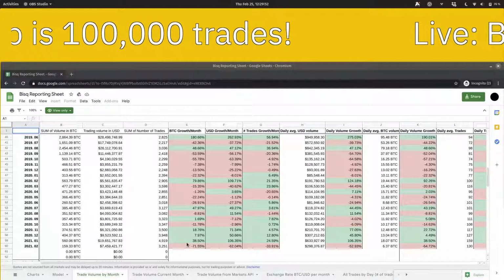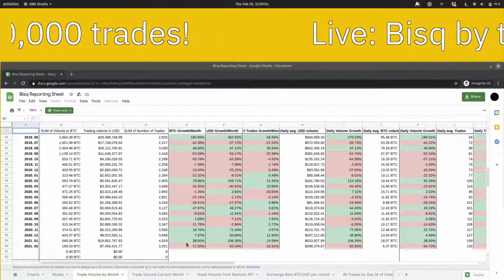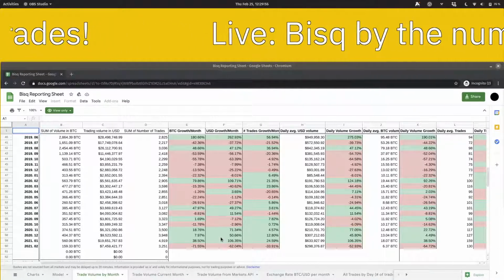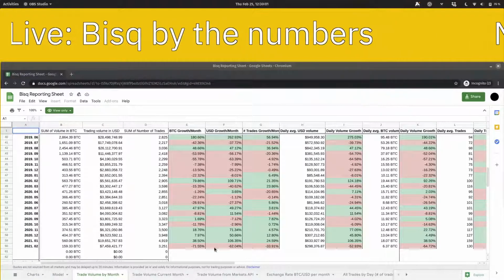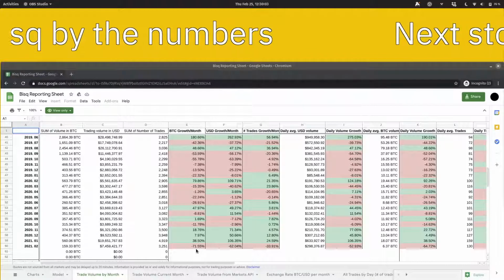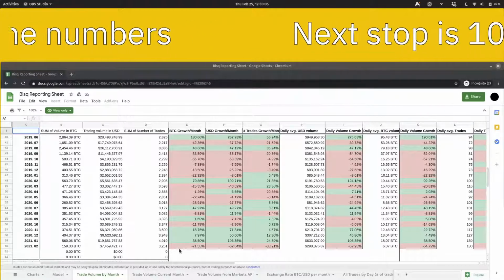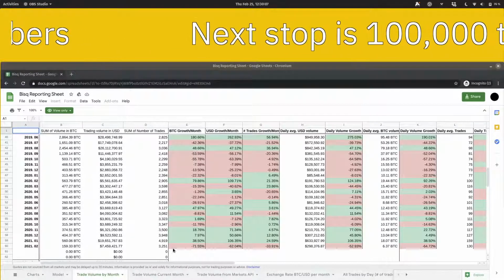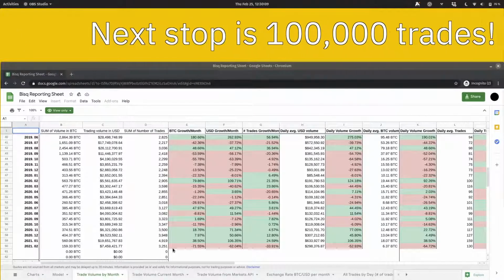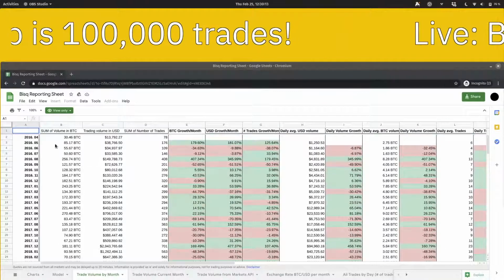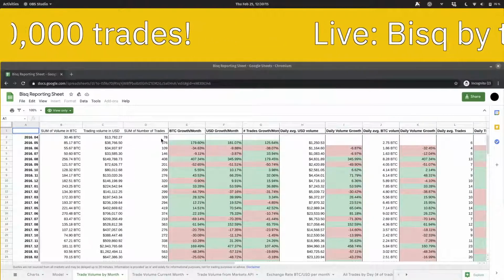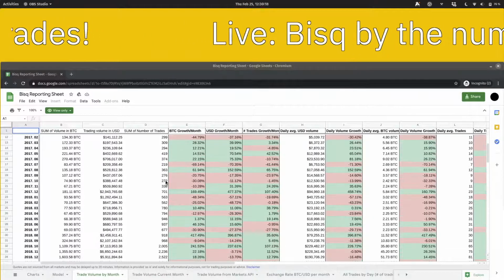This is a publicly available spreadsheet that I can put the link to and make available after this call, but it basically summarizes Bisq trading volume and all kinds of trading-related statistics ever since the beginning. It goes all the way to April of 2016 when Bisq went live on mainnet.